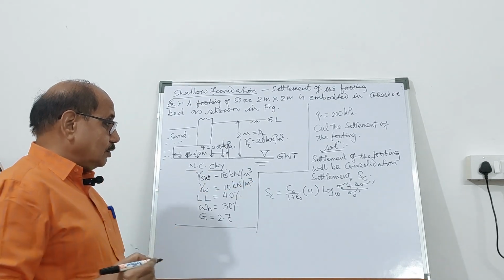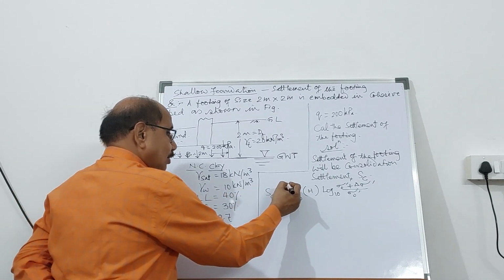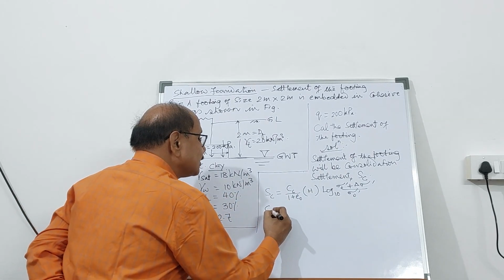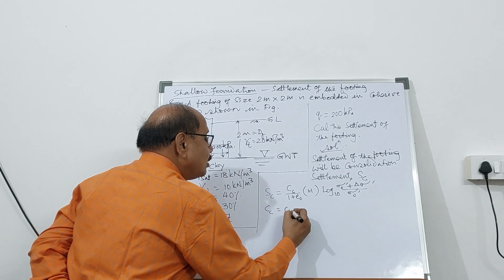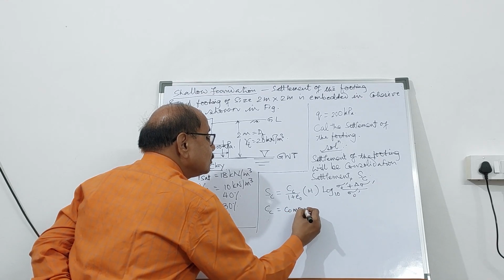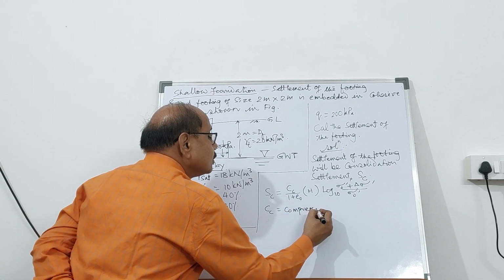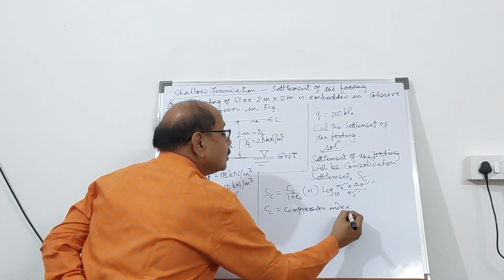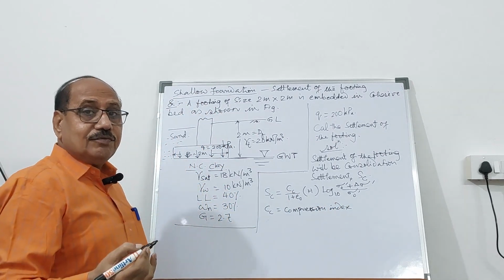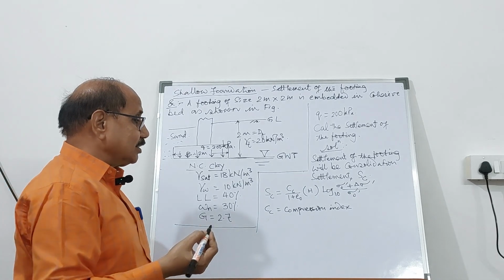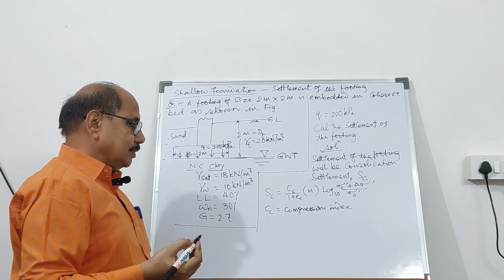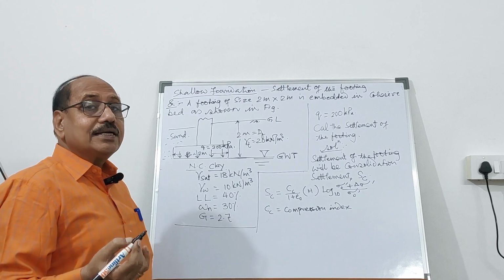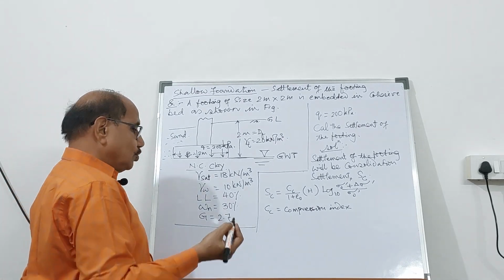How will you find out the value of compression index Cc? Cc is called compression index. This is one of the parameters which you get from the consolidation test, or there is an empirical relationship widely used.